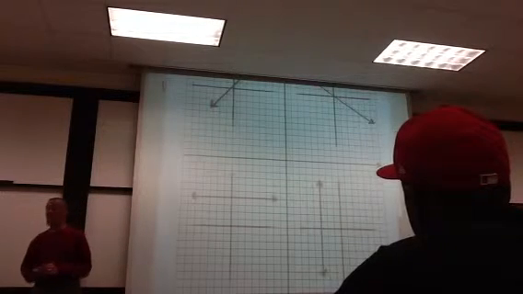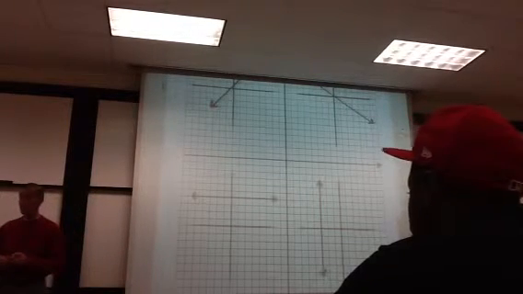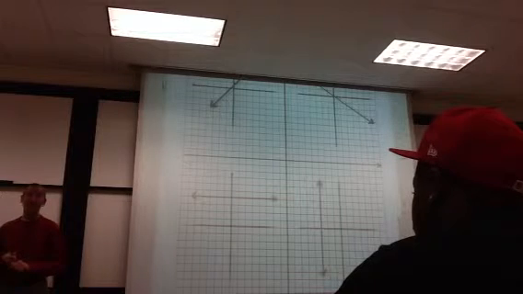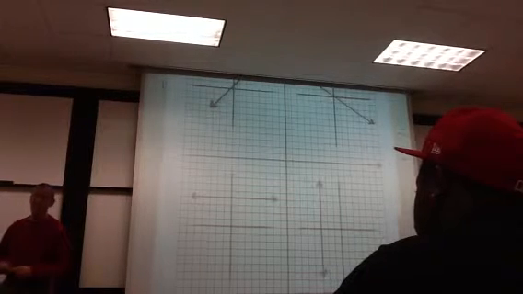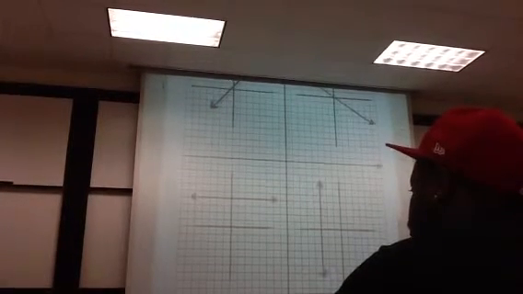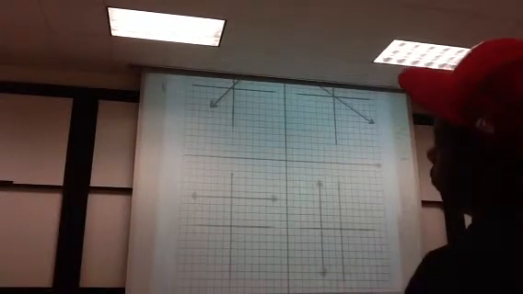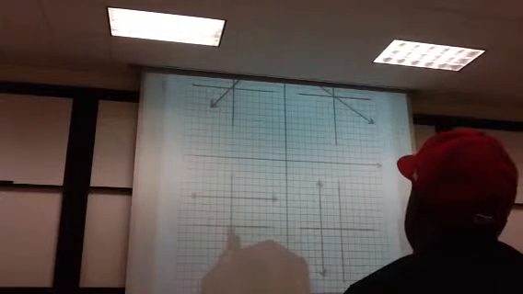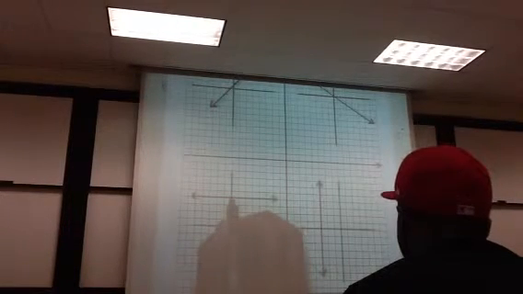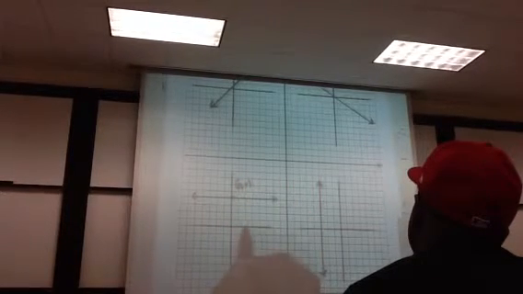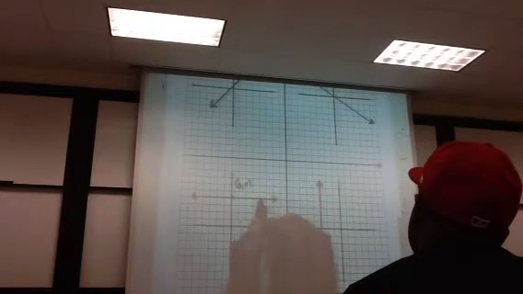Now, you can always figure the slope of a horizontal or vertical line by using your slope formula. Remember it? y minus y over x minus x. I need a couple of points. Let's find a couple of points on this horizontal line, like 0, 4 and 4, 4.